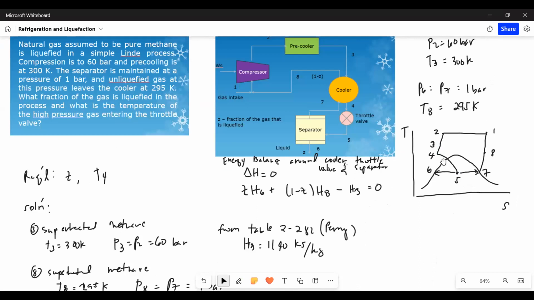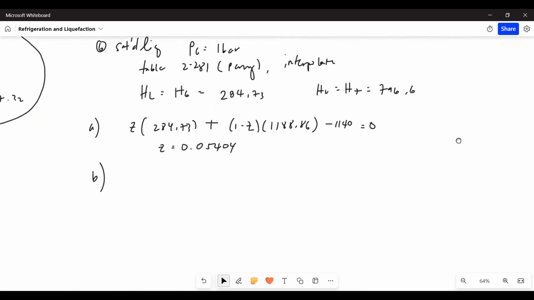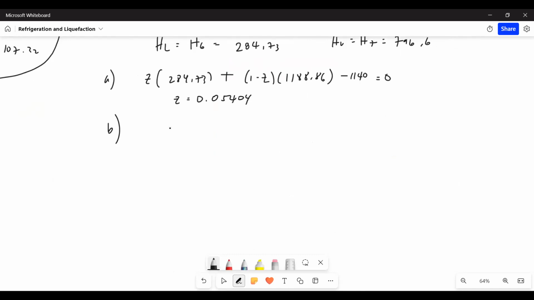superheated methane, 0.4. We know the pressure, 60 bars, because this is an isobar, but we don't know the temperature.